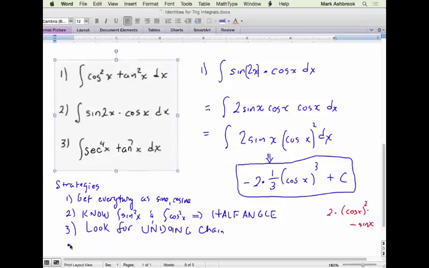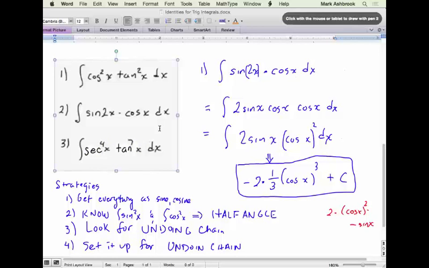Number 3 brings us to our fourth strategy. Not just look for undoing the chain rule, but set it up yourself for undoing the chain rule. And that's this last one. So we see we've got a bunch of secants and a bunch of tangents. And so we think, okay, where is there a derivative hiding in there?